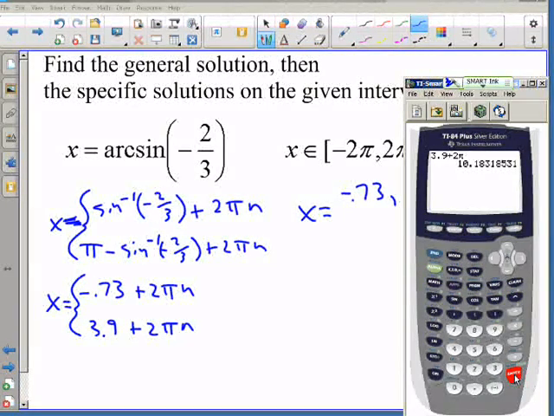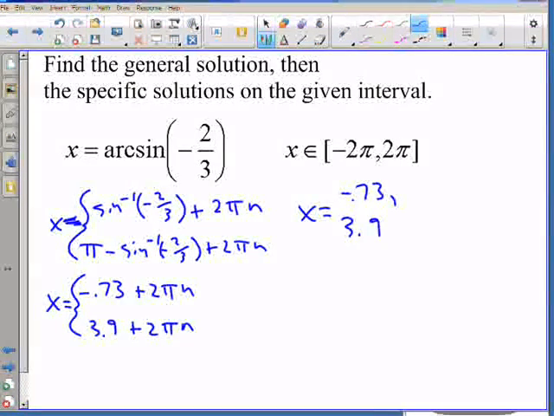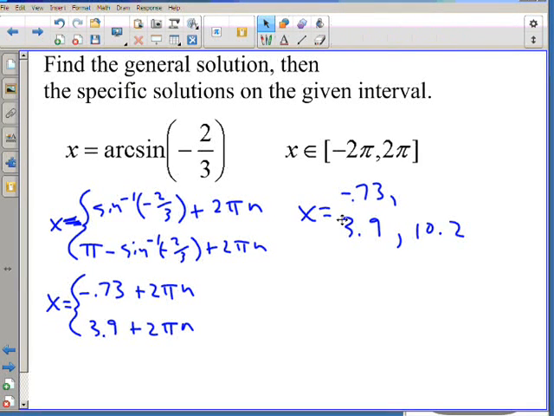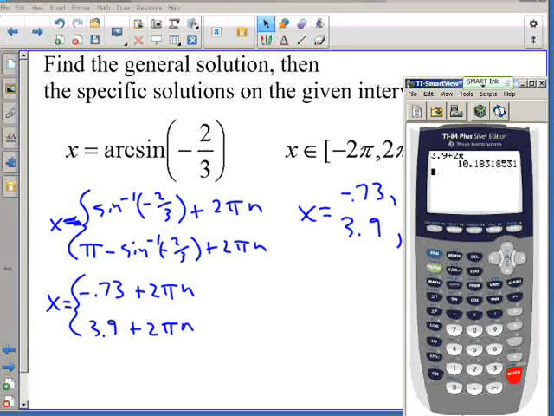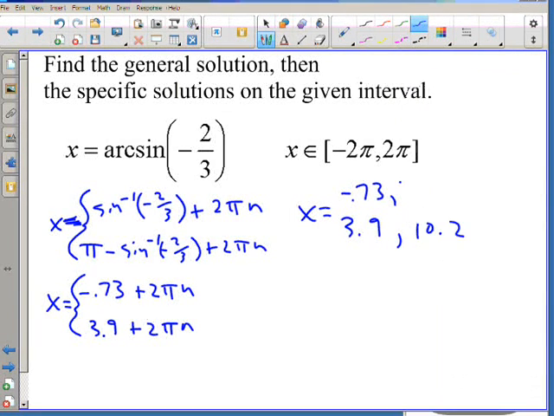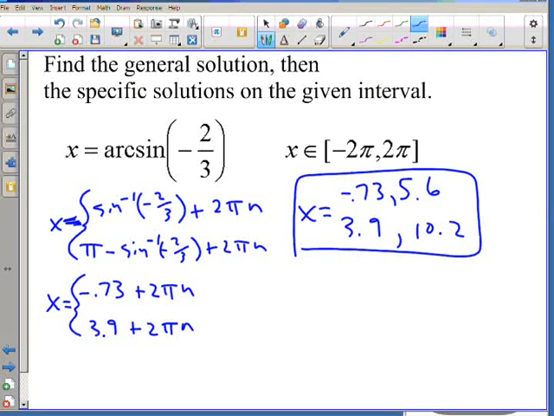So 3.9, 10.2, and 5.6. So there's my answers in radians.